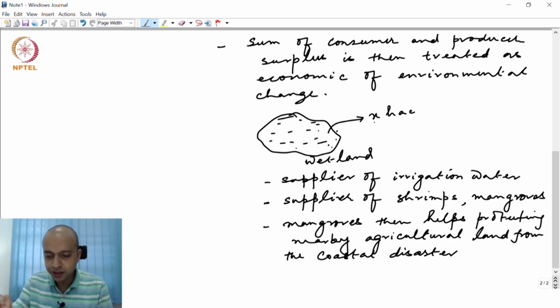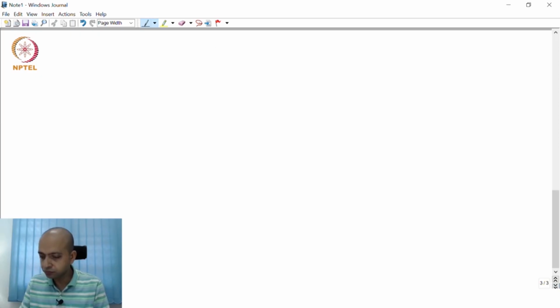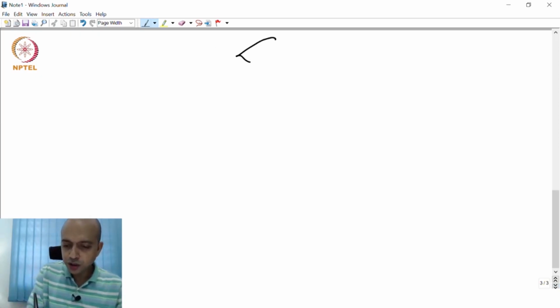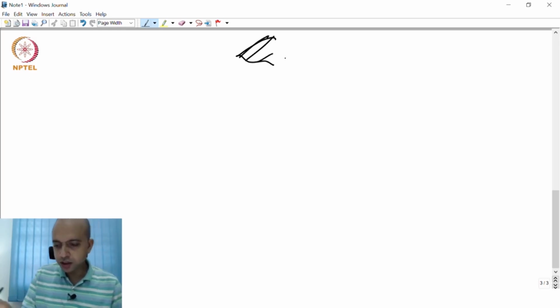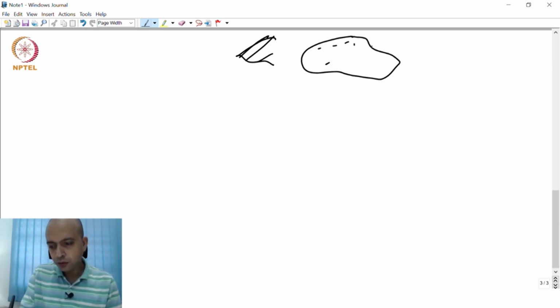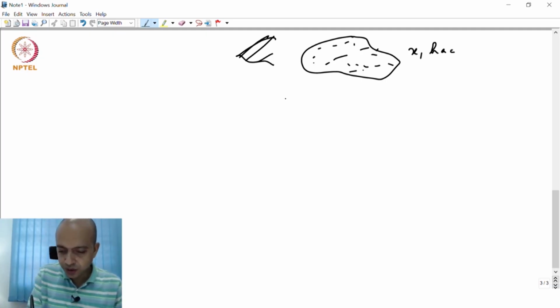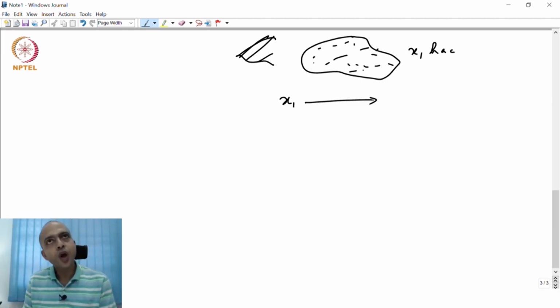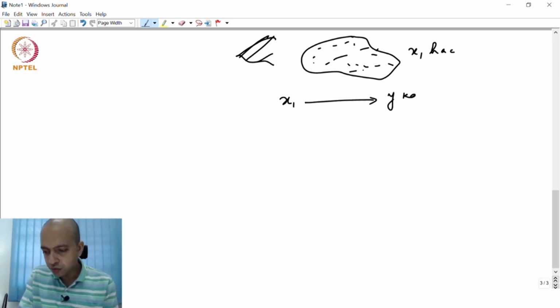Let us say that initially the size of the wetland is x1. So the initial size of the wetland is x1 hectare. When the size is x1 hectare, then we produce, let's say, y1 kg of shrimp.